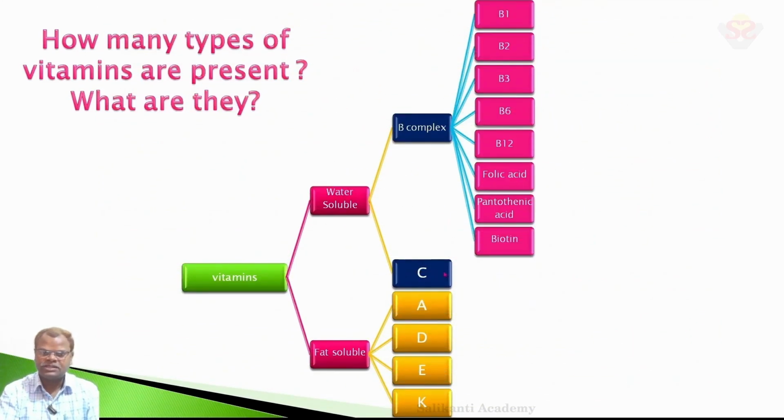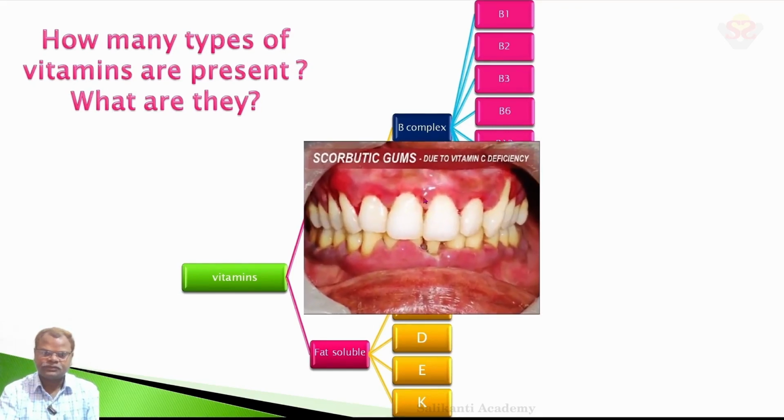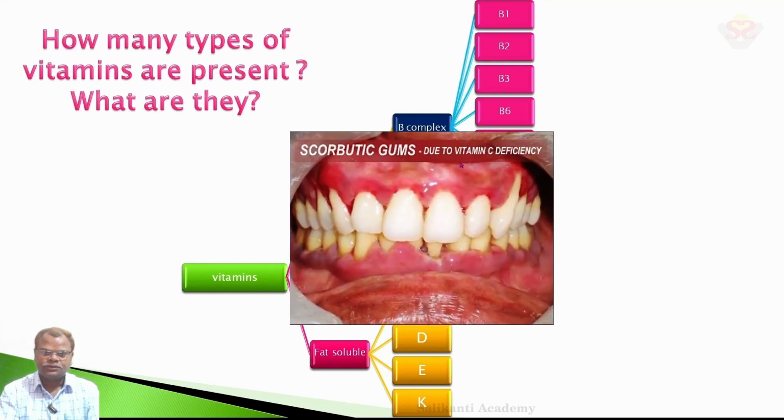Lack of vitamin C, ascorbic acid, causes scurvy. The characteristics of scurvy are like this. Due to vitamin C deficiency, the teeth and gums appear like this.